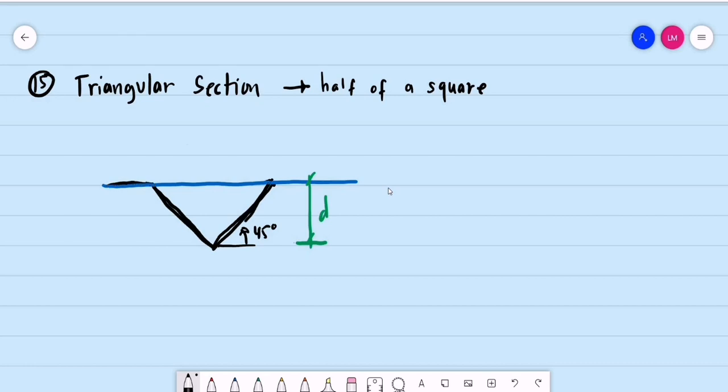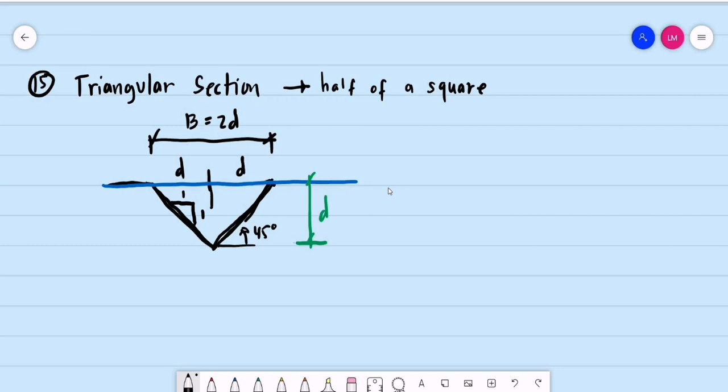So the slope of this section will be, since the inclination is 45 degrees, the slope is 1 vertical, 1 horizontal. So if we are to determine, for example, what will be the dimension of the top base of this triangular section, 1:1 slope. So if this is D, the depth D, this is also D, this is also D. The dimension of the top base will be equal to 2D.